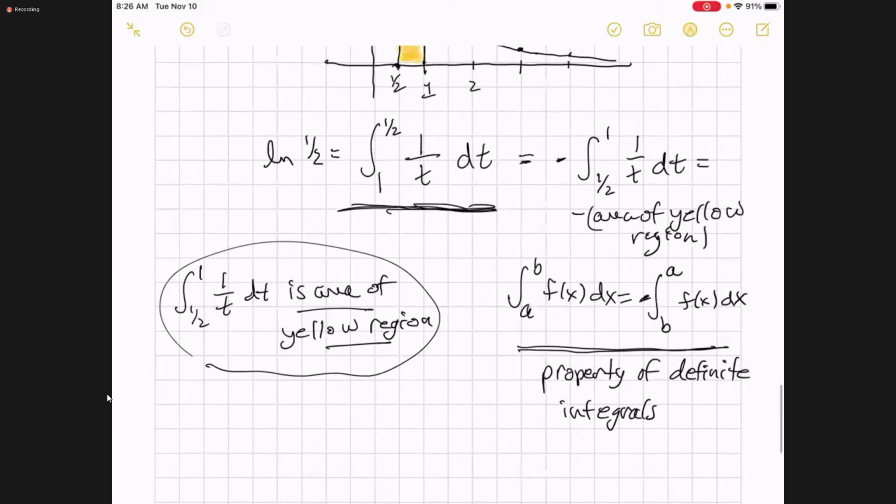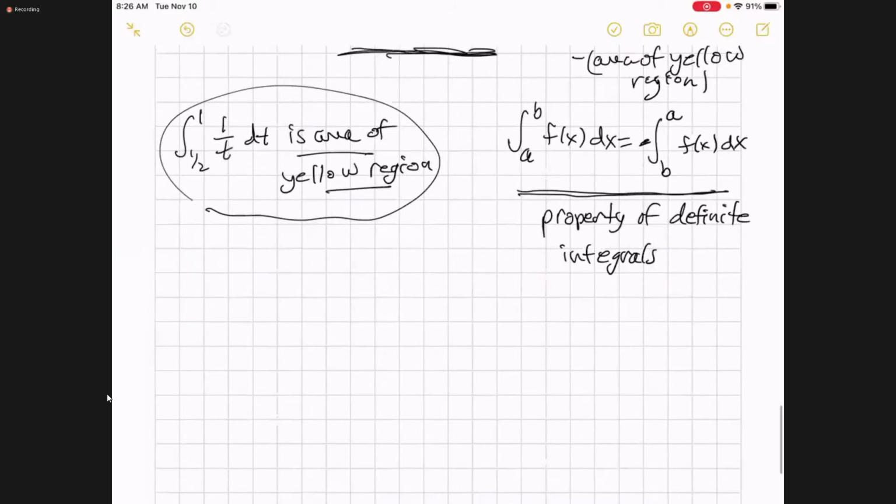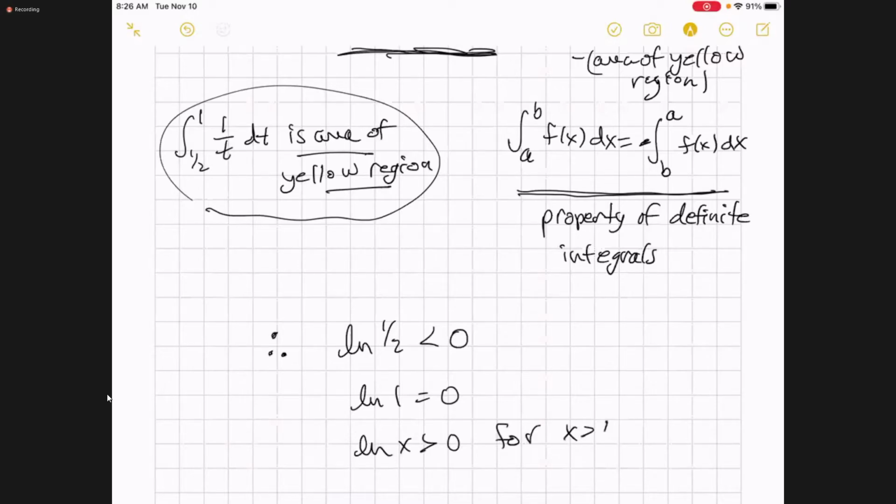Okay, so ln of a half is negative. That kind of makes sense when you think about, okay, ln of 1 is 0. ln of x is positive for x greater than 1.